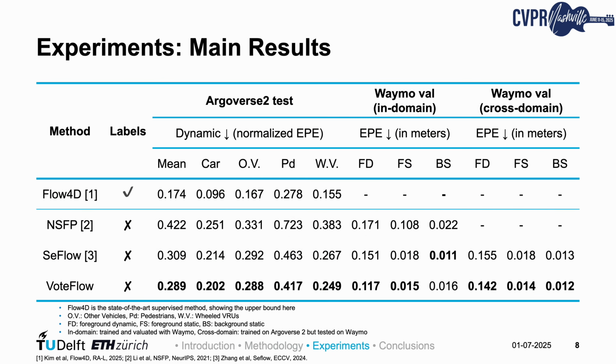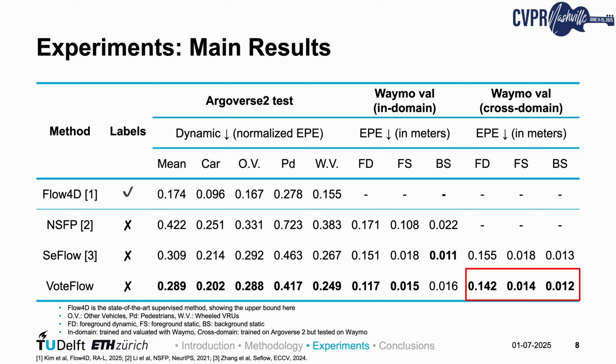Here are our main quantitative results. For in-domain evaluation, where the model is trained and tested on the same dataset, VoteFlow consistently outperforms prior self-supervised baselines on both Argoverse 2 and Waymo across nearly all metrics and categories. On the right side, we show cross-domain performance, training on Argoverse 2 and testing on Waymo.